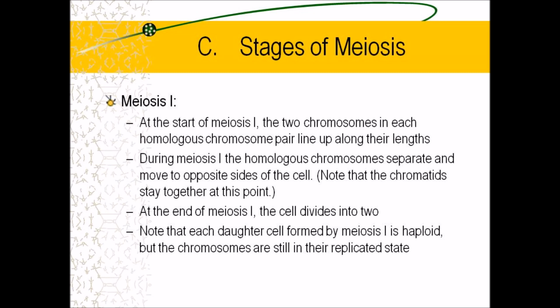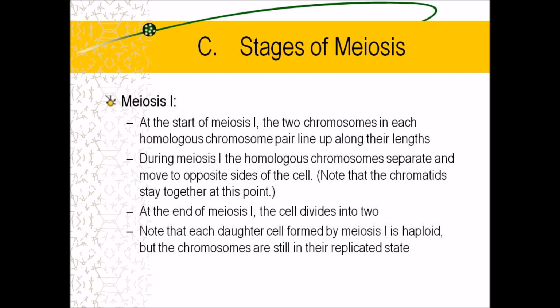So instead of calling it prophase, we will name it prophase 1, metaphase 1, anaphase 1, and telophase 1. At the end of meiosis 1, we will always get 2 daughter cells, just like mitosis.